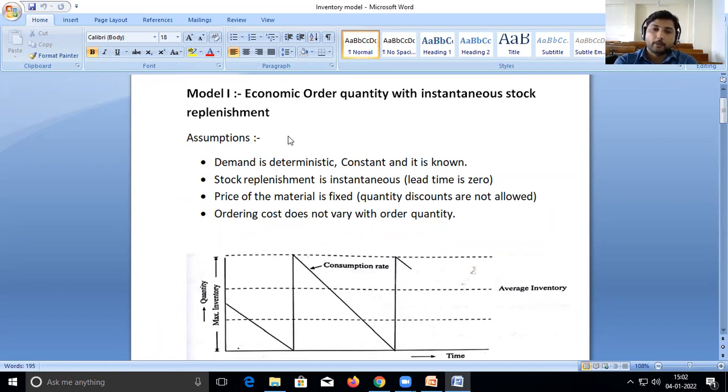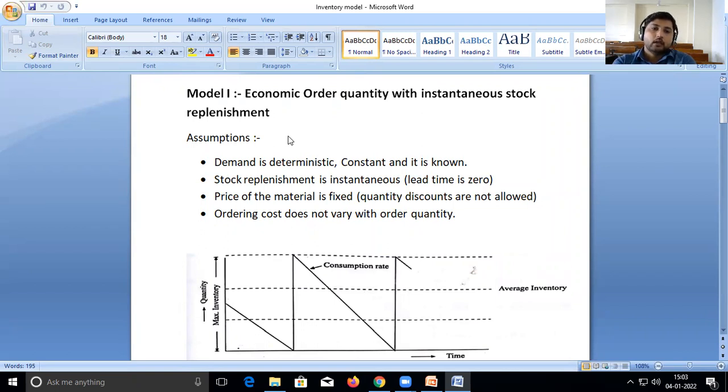Second assumption is stock replenishment is instantaneous, in brackets, lead time is 0.